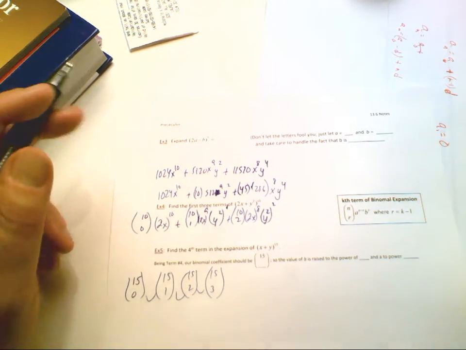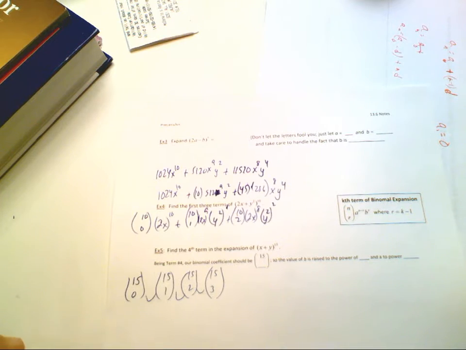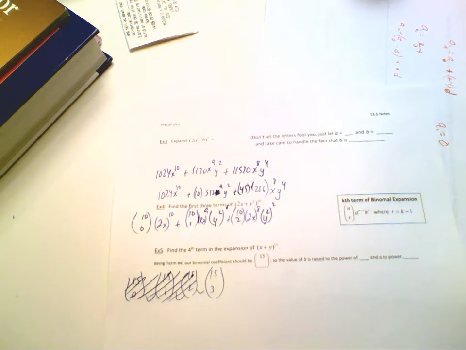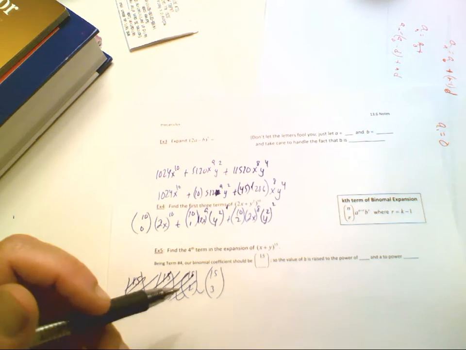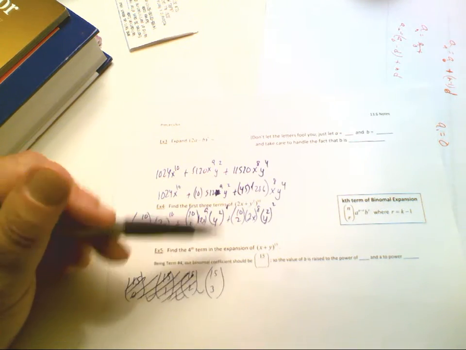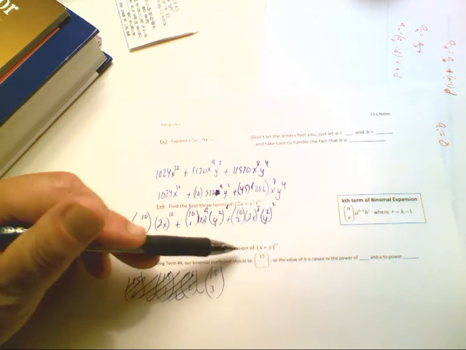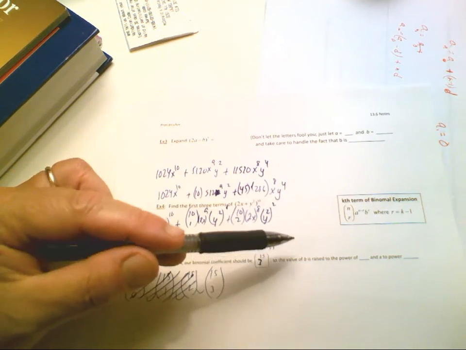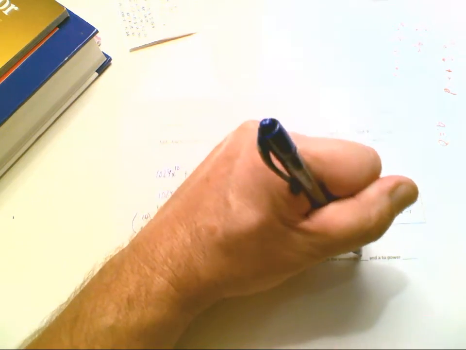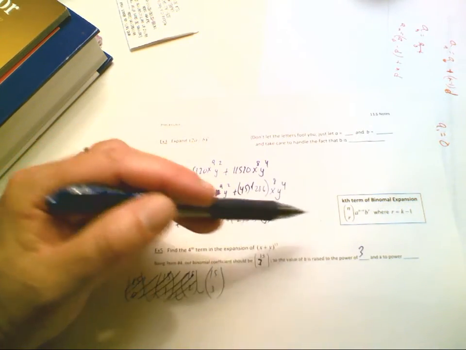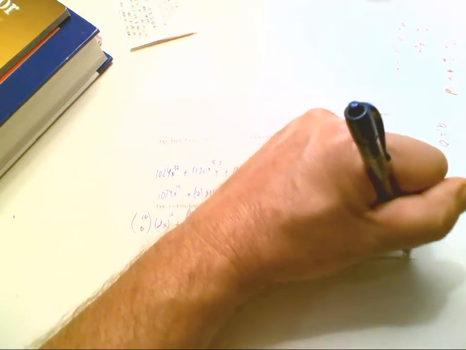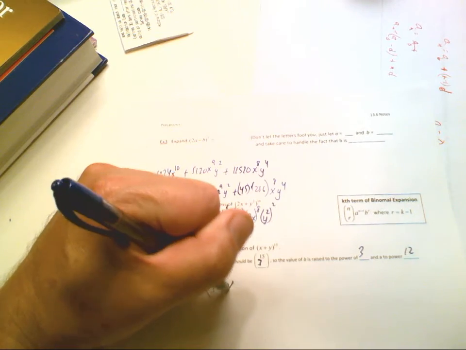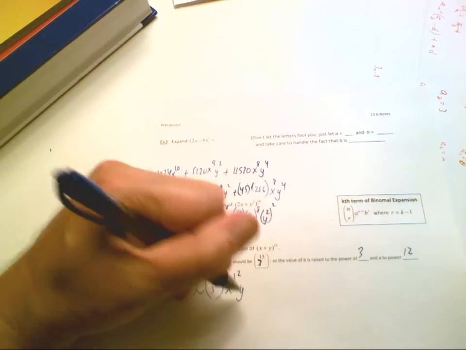That helps me a great deal, because knowing that's the term I need, I can build the exact members that belong to the fourth term. Since the fourth term has a 3, the value of b must be raised to the power of 3, and a must be raised to the power of 12, since the powers have to add up to 15. So my term is simply 15, 3, x to the 12th, y to the 3rd.